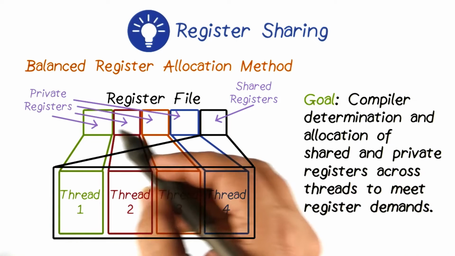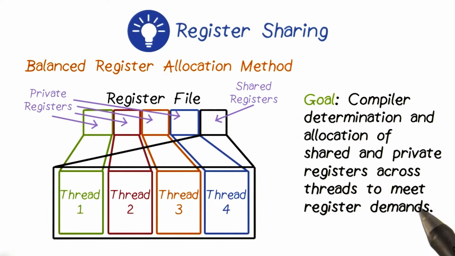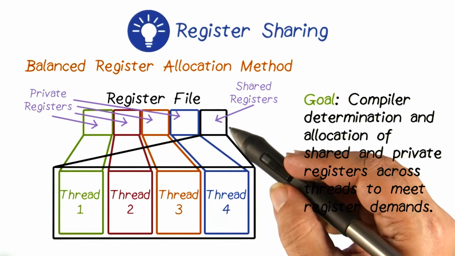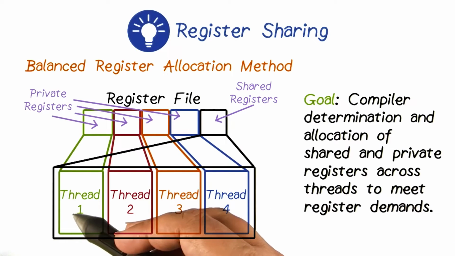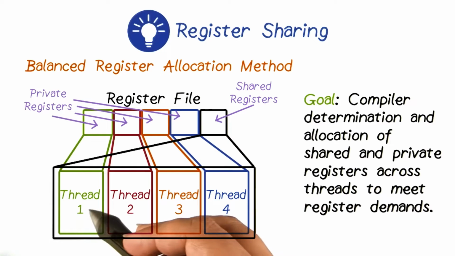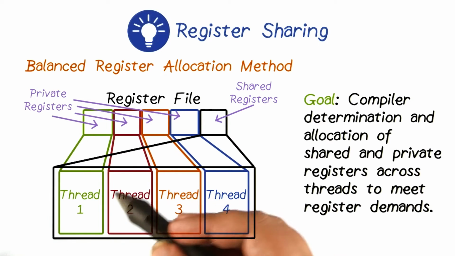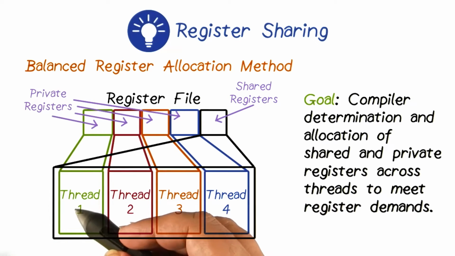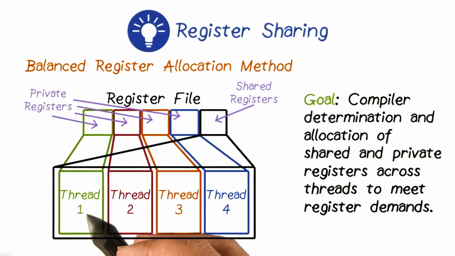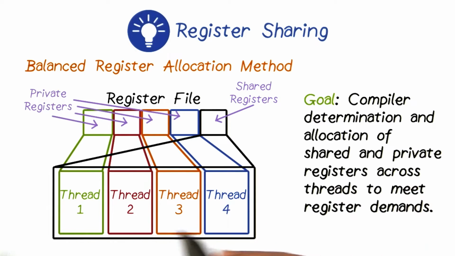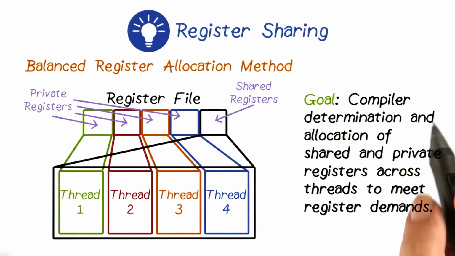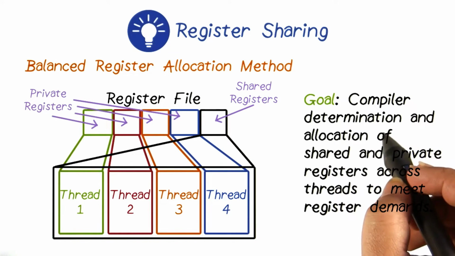In other words, how to carry out this partition, first of all, of the total number of registers into private and shared registers, and then how to allocate the shared registers, and then most importantly, across thread switch boundaries, which are the context switch points, which we know by looking at the code in terms of read, write, or CTX instructions, how to manage these shared registers by saving them before the context switch occurs and restoring them after the context switch occurs. How to perform these actions is really the problem that is solved in this lesson.